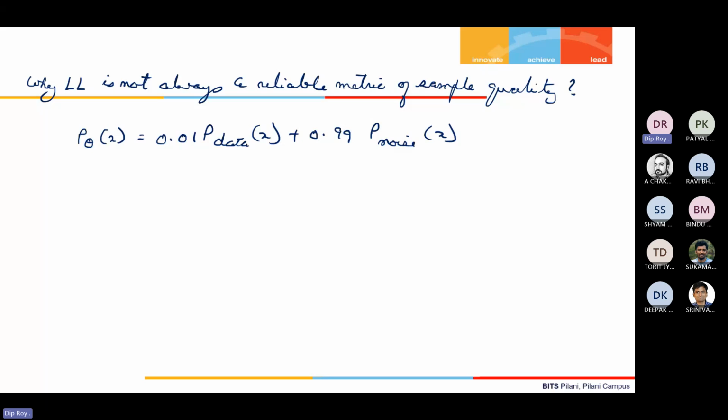So 99% of samples come from noise. Okay. Now, this is my model. The first thing that I'm going to do is calculate the log likelihood lower bound.